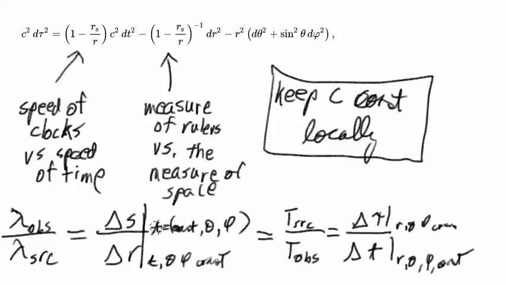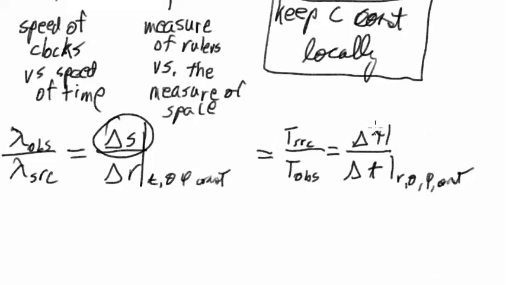So to keep our notation more consistent, actually I could just write that once because it's the same thing. So on this side, delta s over delta r with t, theta, phi constant, and delta tau over delta t with r, theta, phi constant.